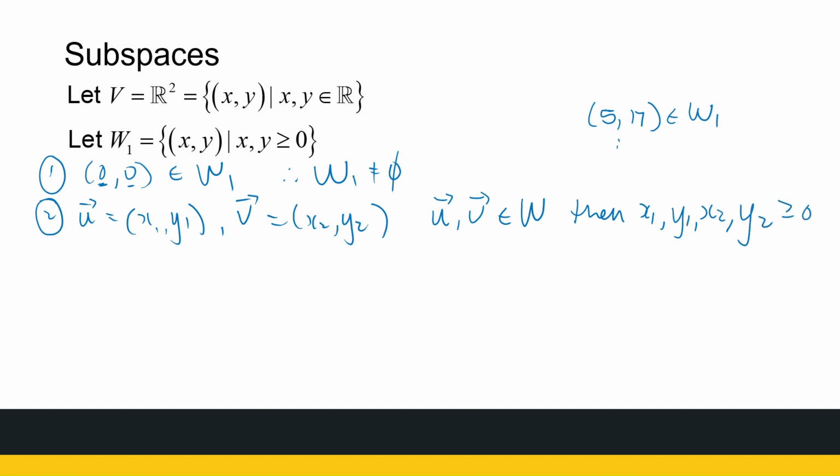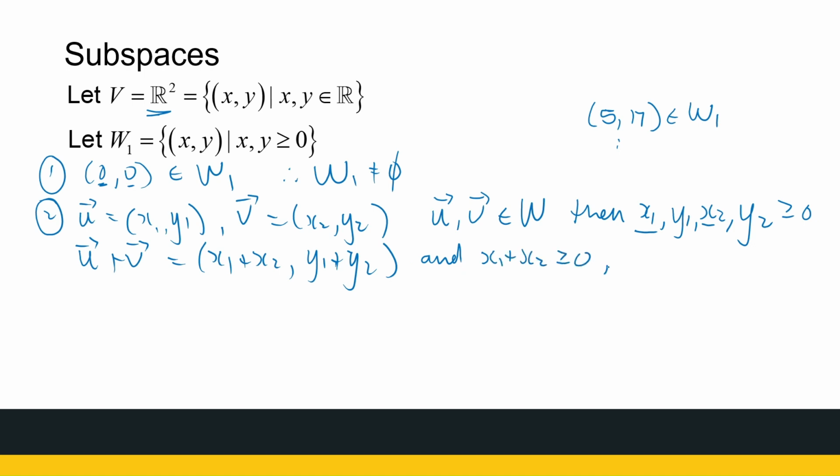So let's see what happens if I add them. u plus v, we've got the standard addition because I'm just looking at R2 and no other addition was defined. So the standard addition is (x1 plus x2, y1 plus y2). Well, I know that x1 and x2 are greater than or equal to 0, so x1 plus x2 must be greater than or equal to 0. And because y1 and y2 are greater than or equal to 0, y1 plus y2 must be greater than or equal to 0. So therefore, u plus v is an element of W1. So it's closed under addition.